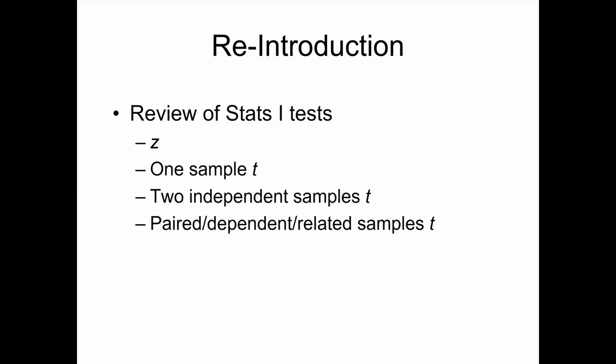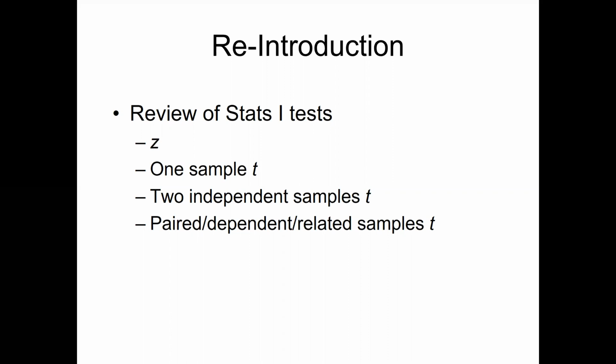You start with z-tests, and z-tests are the comparison of a mean to a population mean. And because they're a comparison to a population mean, to perform a z-test, you need to know the population mean and the population standard deviation.